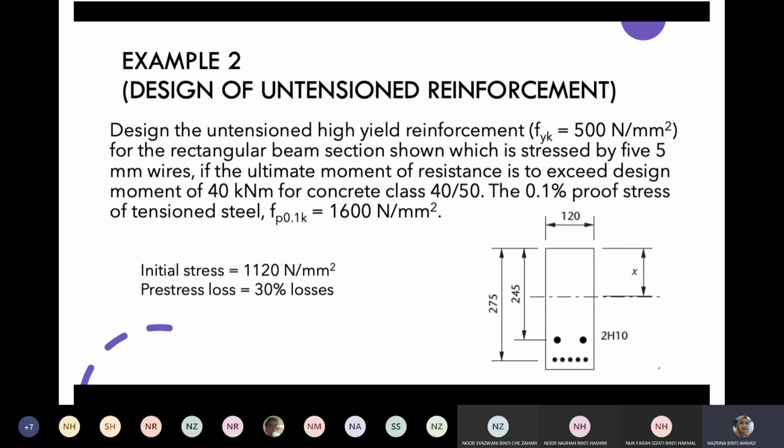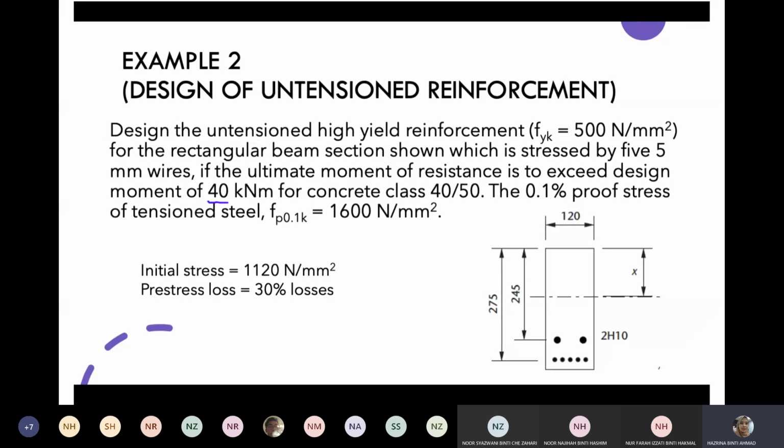So for the rectangular beam section shown, which is stressed by 5 millimeter wires, the ultimate moment of resistance is to exceed the design moment of 40 kilonewton meter, for concrete class 40/50. So you can see here that the design moment is 40 kilonewton meter, so we are going to check our moment of resistance for our section against this 40 kilonewton meter.